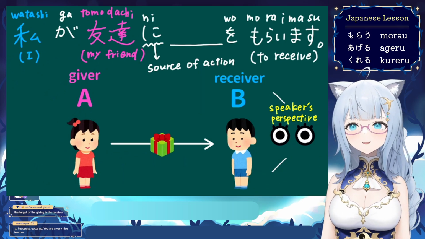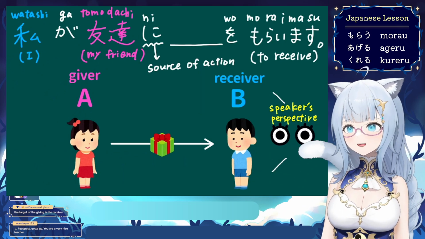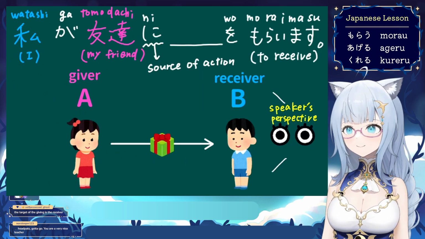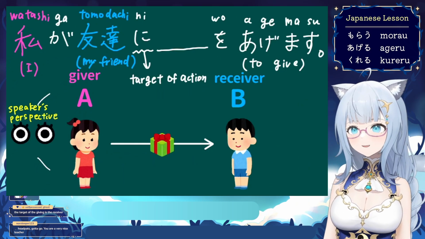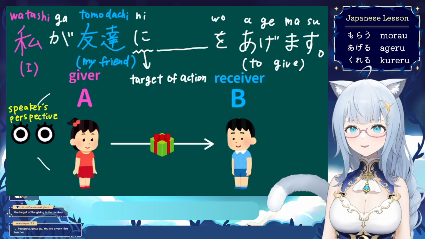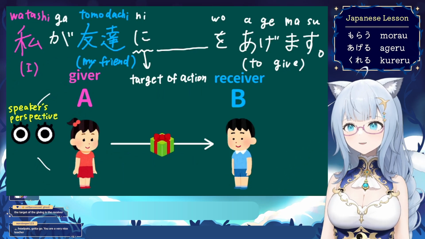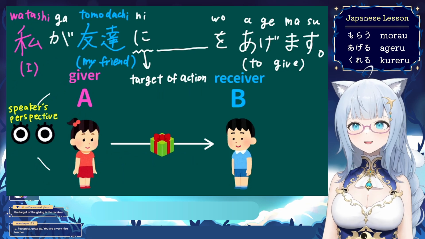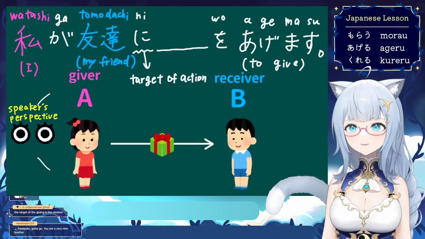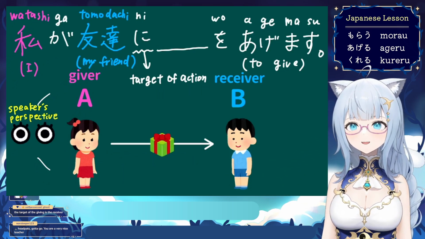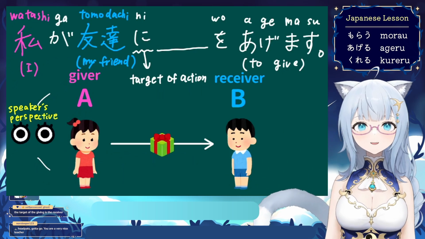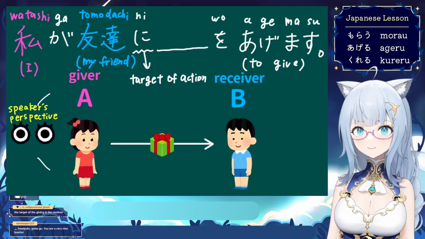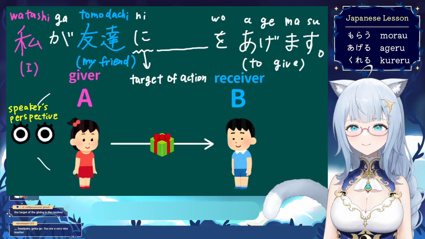And in the あげます sentence, the subject is 私, I, and the speaker's perspective is also giver A side. So it's simple.